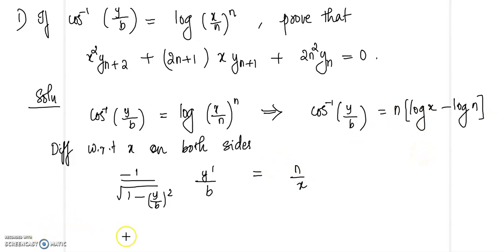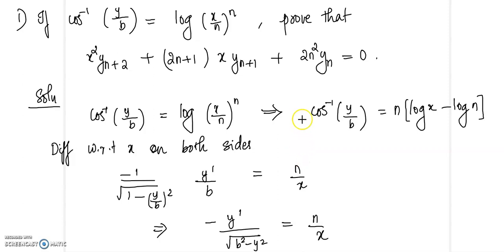So that is going to give us minus y dash by root of b square minus y square, which we can write like this. Now b square will come out of the square root, so the b cancels. So this will be equal to n by x.